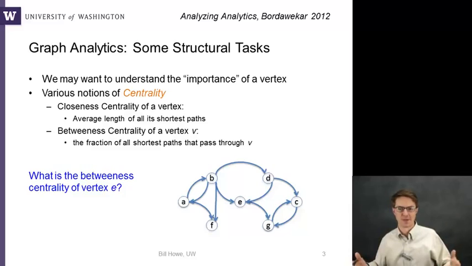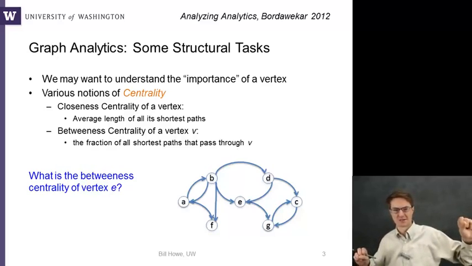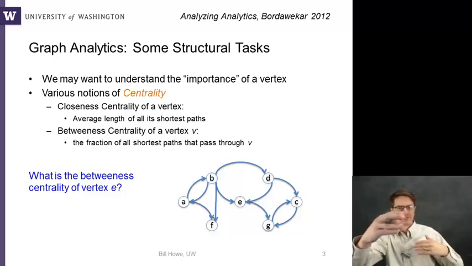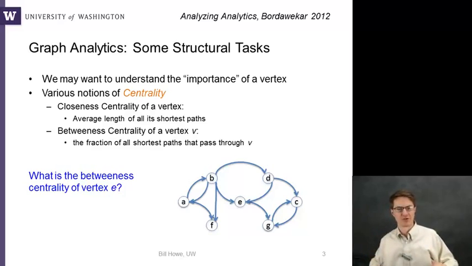Okay. So another, maybe more common, is the betweenness centrality of a vertex. And this is the fraction of all the shortest paths in the whole graph that pass through this vertex. Right? So all roads lead through Rome, right? If you need to go from Seattle to Atlanta in the US, then perhaps all paths go through one of two different major highways, or maybe one or two cities, the northern route and the southern route or something.